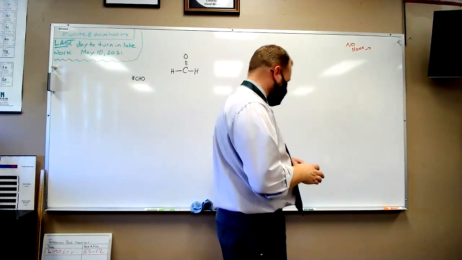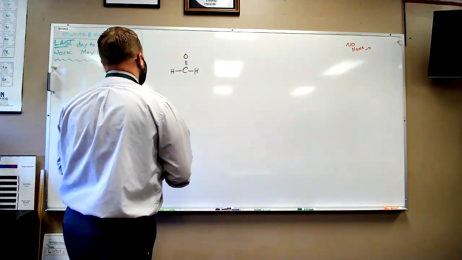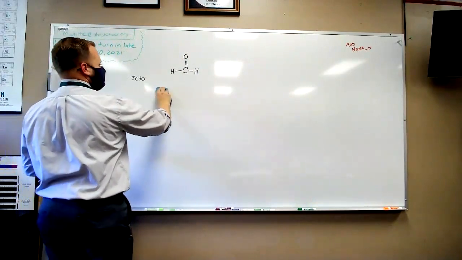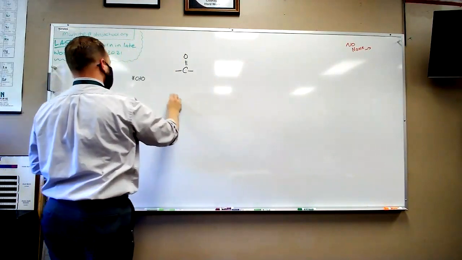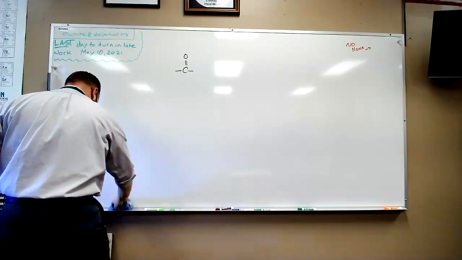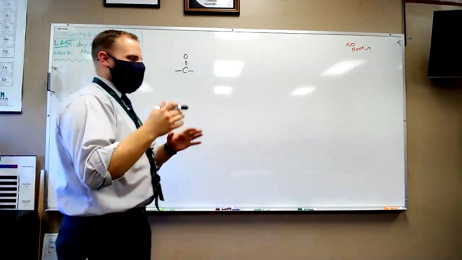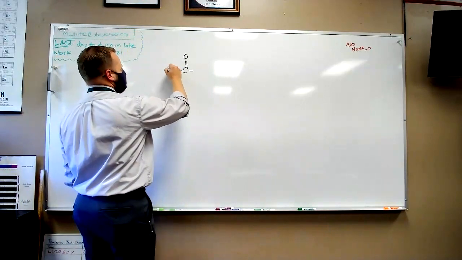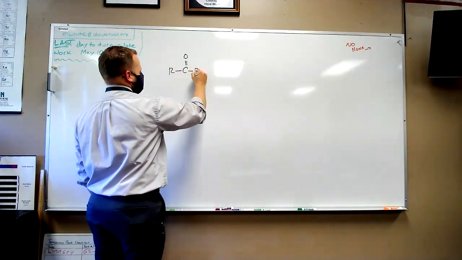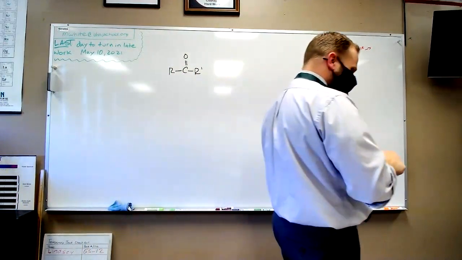Our next functional group. Actually, I'll reuse this. Remember we said we're going to bring that carbonyl off of the edge into the middle. So what we get is another R prime, just like we saw with the ethers.